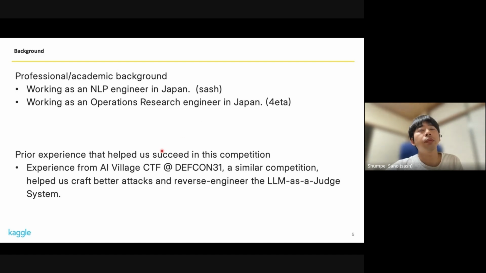If anything helped, it might be that both of us had previously participated in the AI Village CTF, which is a similar kind of competition. There, we gained some experience working on adversarial attacks against LLMs, and I think that experience was somewhat helpful this time as well.